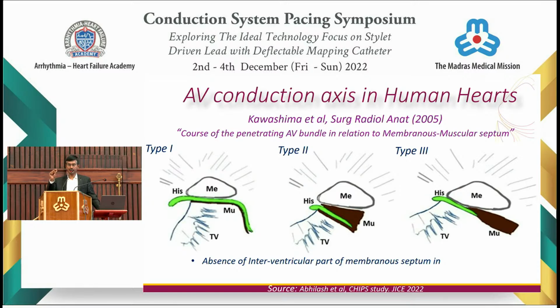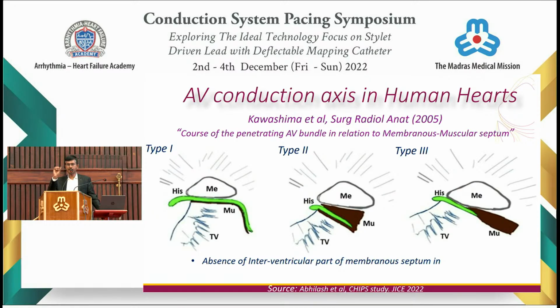So this course of the His bundle, according to the dissected hearts that he had, the majority of which, 46%, was type 1 he described, when the course of the His bundle or the penetrating portion of the AV bundle is at the junction of the membranous and the muscular septum.